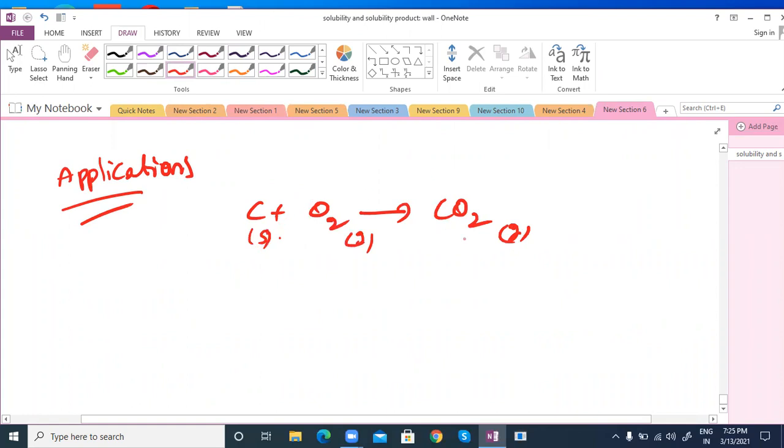Its formation delta H value is minus 94.0 kilocalories. This is one step. But they also give a step-by-step method: C solid plus half O2 gives rise to CO. This is delta H.